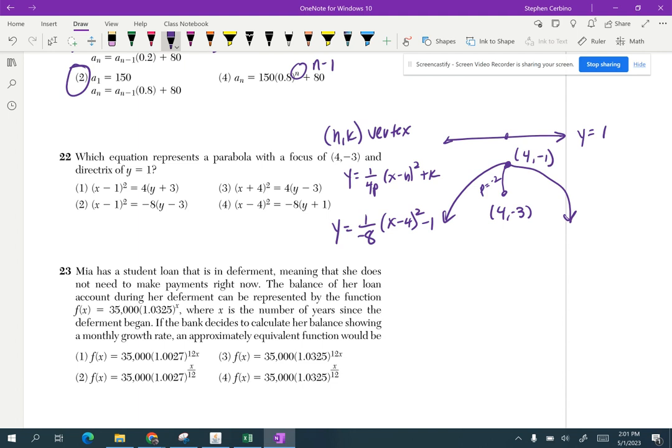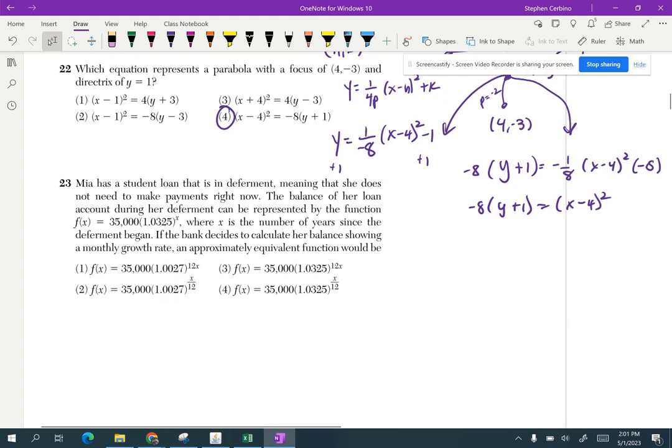Notice that's not a choice, so we have to manipulate this equation to make it look like my choices. So I'm going to add 1 to both sides. So I'm going to get y plus 1 equals -1/8 times x minus 4 squared. I then can multiply both sides by -8. So we have -8 times y plus 1 is equal to x minus 4 squared. That should be a choice. It is choice 4.